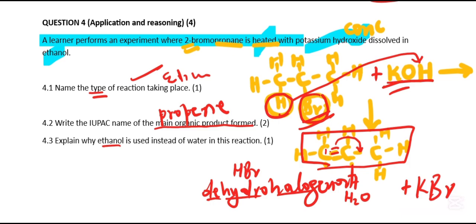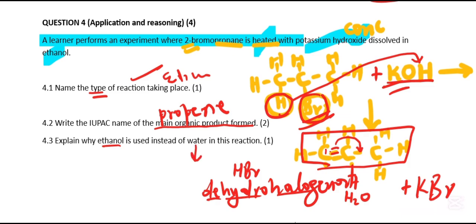Explain why ethanol is used instead of water. We want the base to be concentrated. That is why we use ethanol. It helps the elimination reaction to happen. Because if we say water, a substitution reaction would occur.